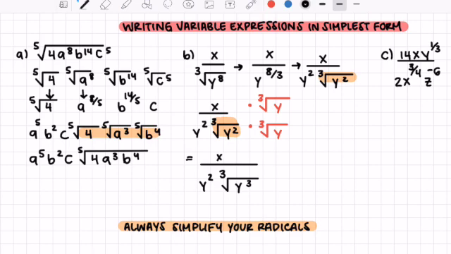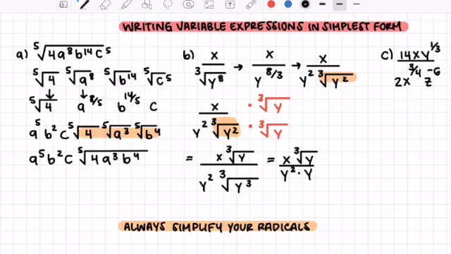And on the top right here we would still have x cubic root of y. And so that would get rid of my cubic root, and I would be left with x cubic root of y on the top, and on the bottom I would be left with y to the power of 2 times y.